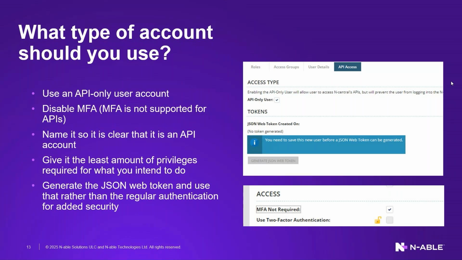So if you are using a script continuously to pull information out of your N-central instance, and you do have a 90-day password cycling policy in place, you will have to reset the password, but you won't need to reset the JSON web token. And that's why we use the JSON web token to authenticate, as opposed to having to constantly update username and password credentials in our scripts.